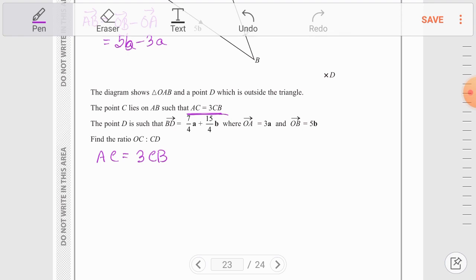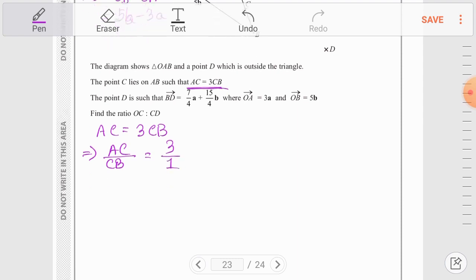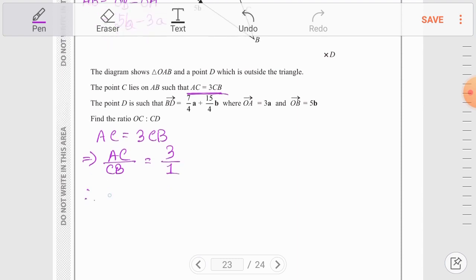Moving CB to the left hand side of the equation, it would be AC divided by CB is equal to 3, and as there is nothing in the denominator, we can imagine 3 by 1. So we can write this as AC is to CB equals 3 is to 1.